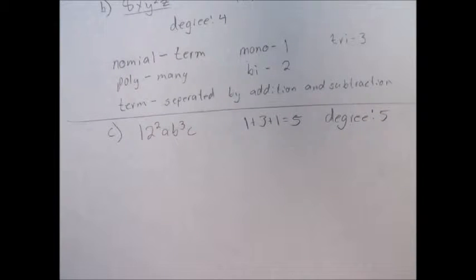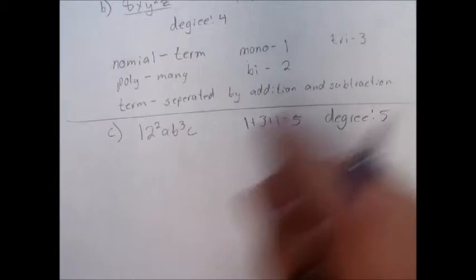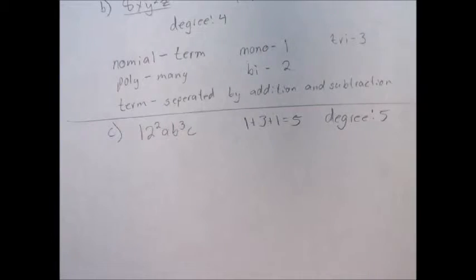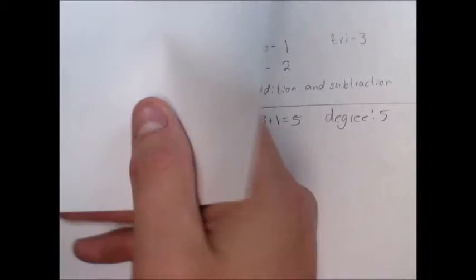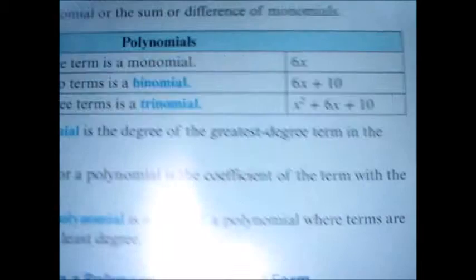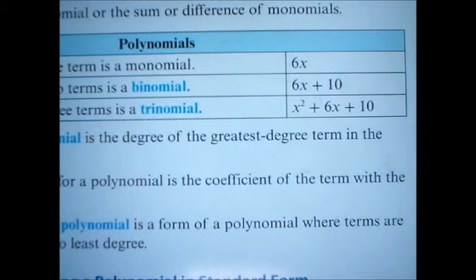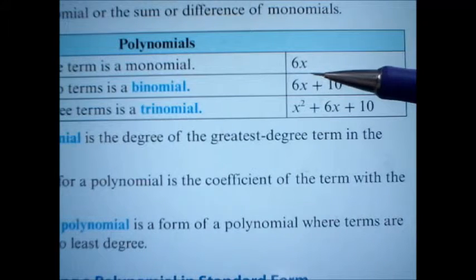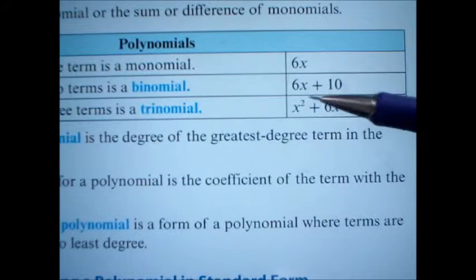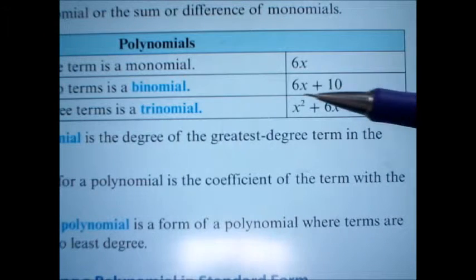If you would look at that chart above there. Let's see if I can show you on my end. This chart shows us a monomial, which is a 1 term, a binomial, which has, see the addition? So it is separated. There's 2 terms.